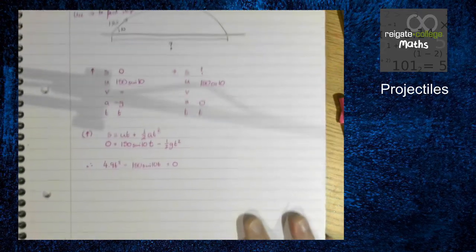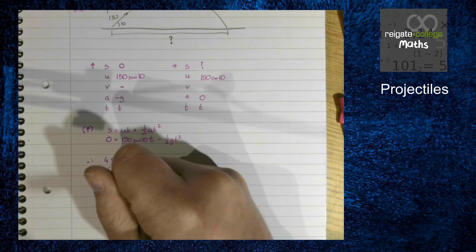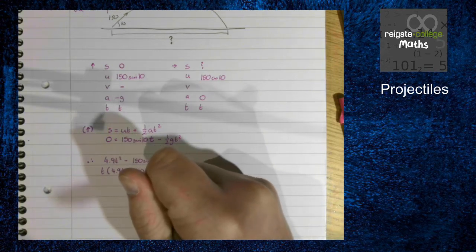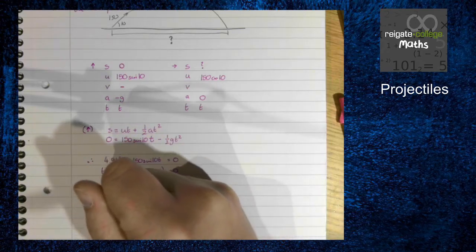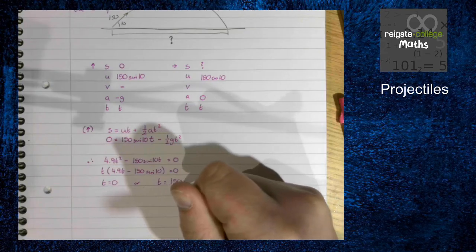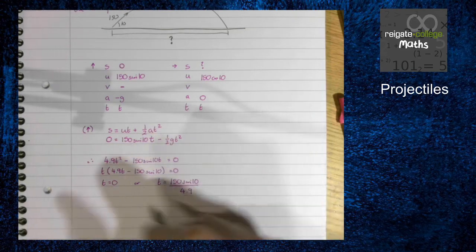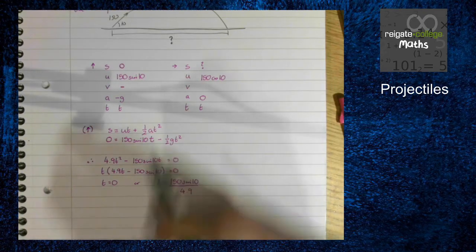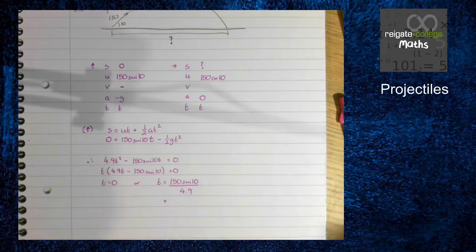This is a quadratic equation, which we can factorize and solve. We know we're not interested in t equals 0 because that's our starting point. So this is the value of t we want, which is going to be a horrible number, but oh well. It's the way this goes.